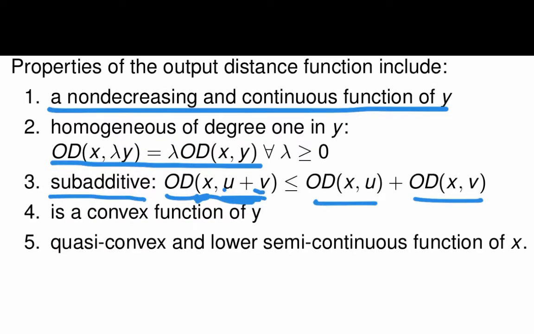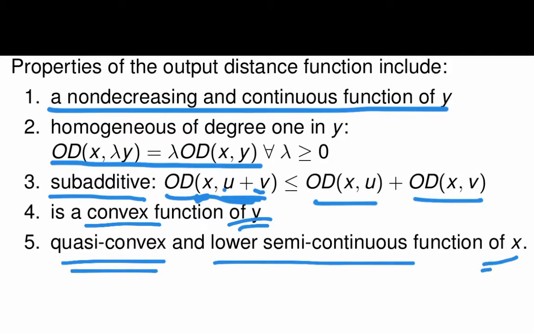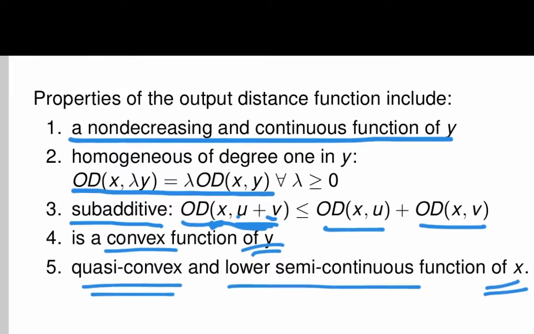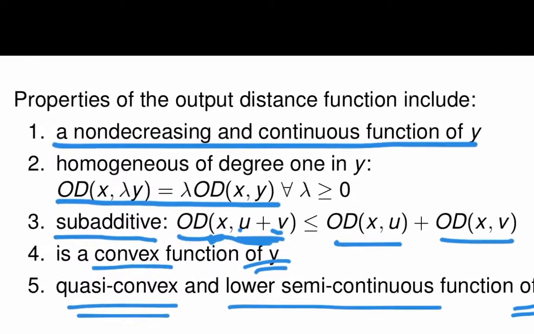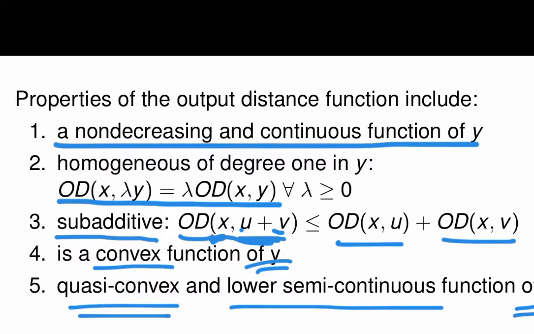And the output distance function is convex in outputs. It's also quasi-convex and lower semi-continuous in inputs. So these are the properties of the output distance function, and they are important to remember, and when you are doing empirical analysis they are useful.